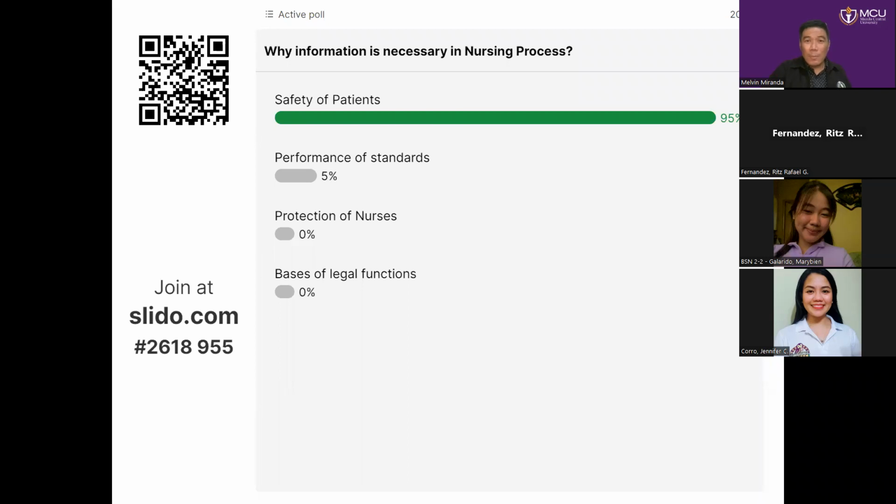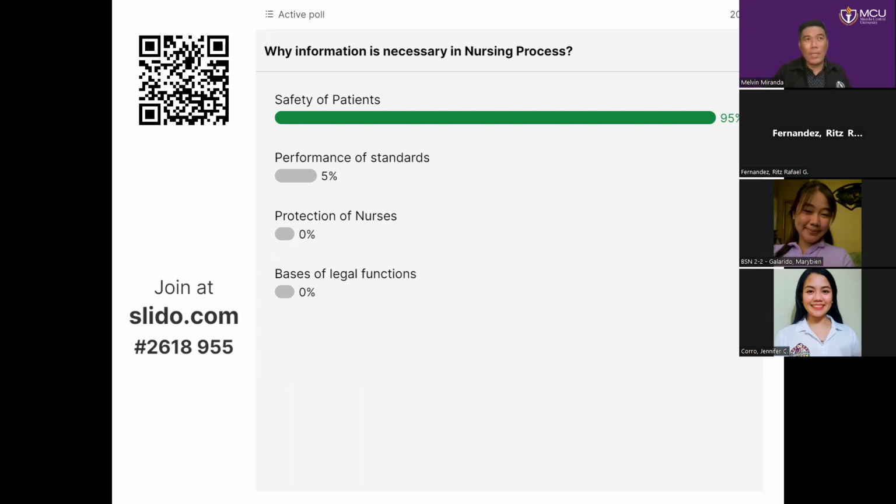Okay. So probably you are referring to a situation by which the client must divulge the information so that it will protect nurses, and those information are necessary.